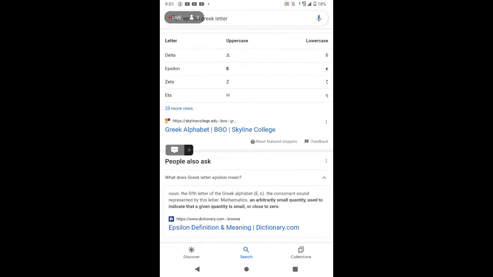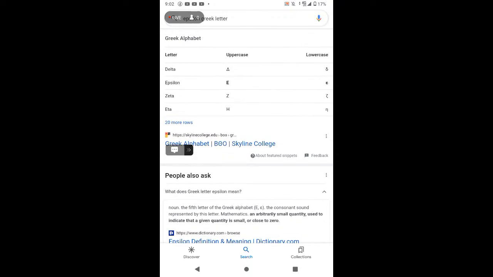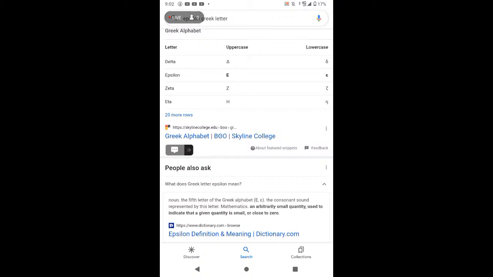It is the fifth alphabet in Greek, right before zeta, which is number 6, right? So they needed the 6, the Z, for this.